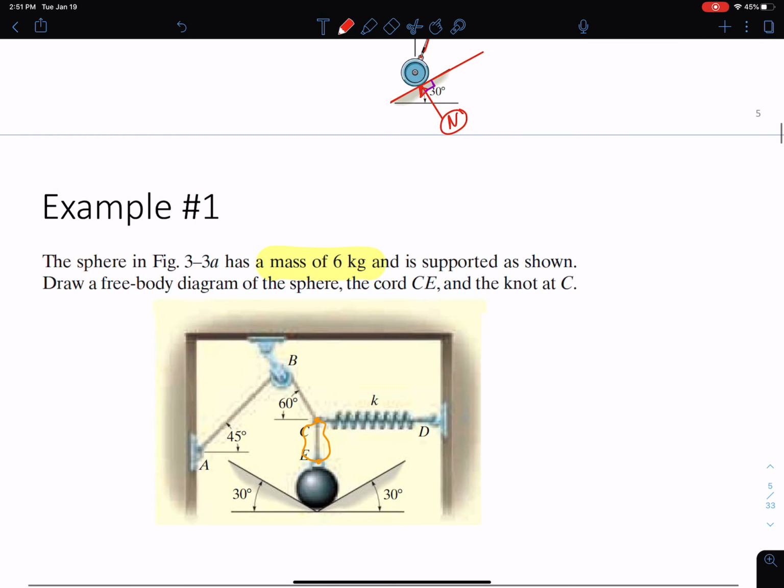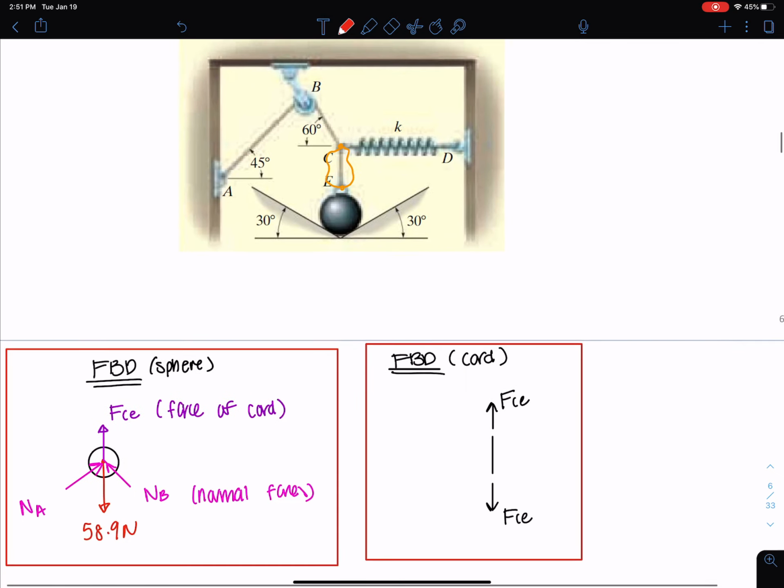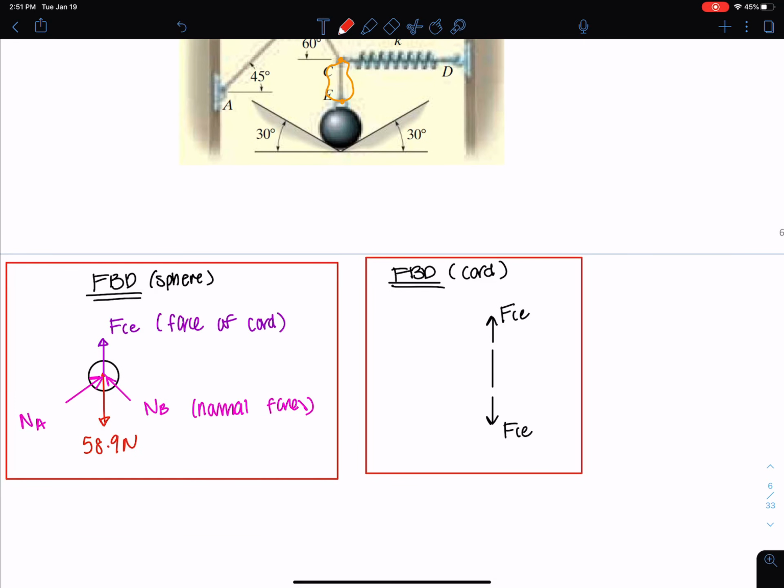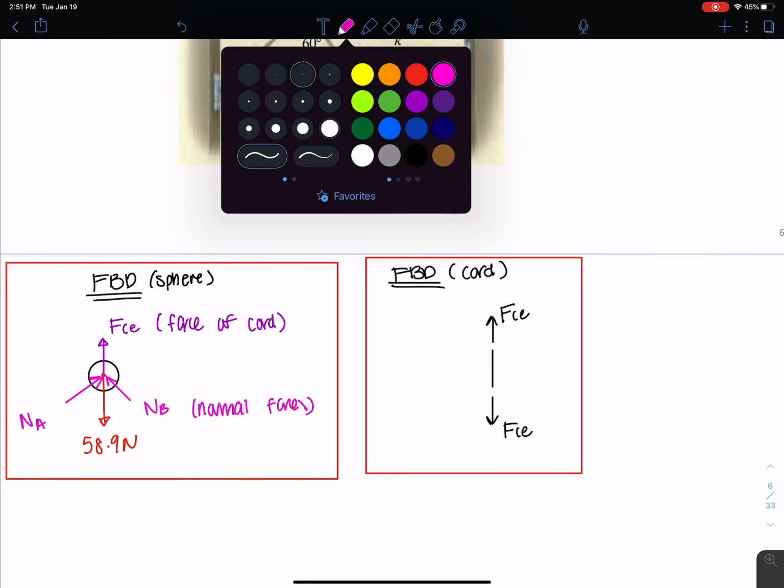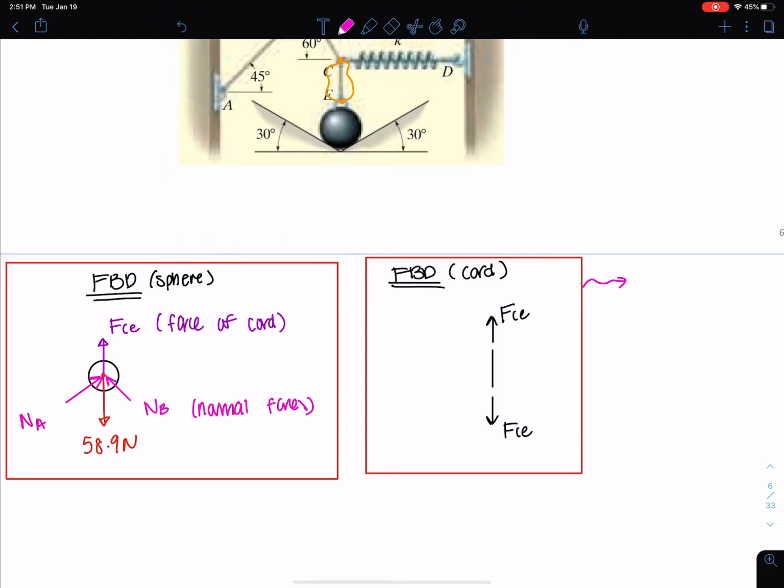Okay, and then the last step is the knot at C. Actually, before we get there, I do want to say one thing about this. In this system here, we know that we have to satisfy Newton's third law of equal and opposite forces. So FCE at the top has to be equal to what's happening here. I can call this FEC so that I can differentiate them at first.